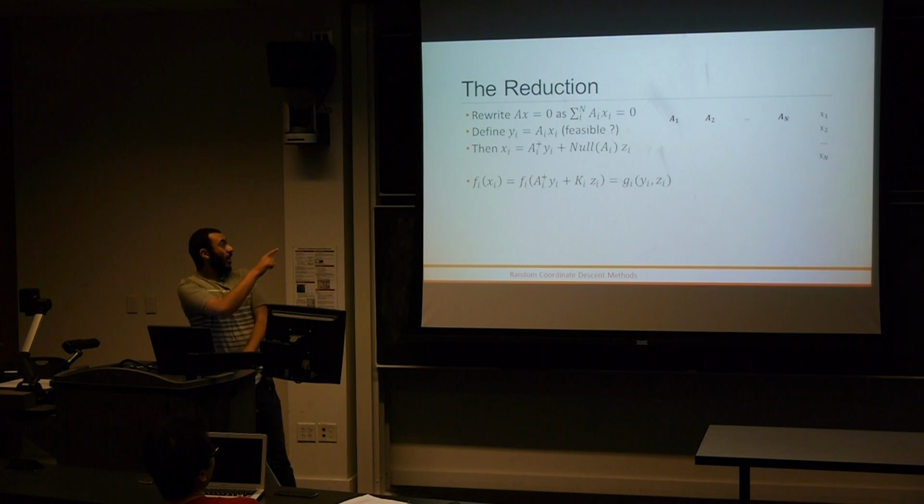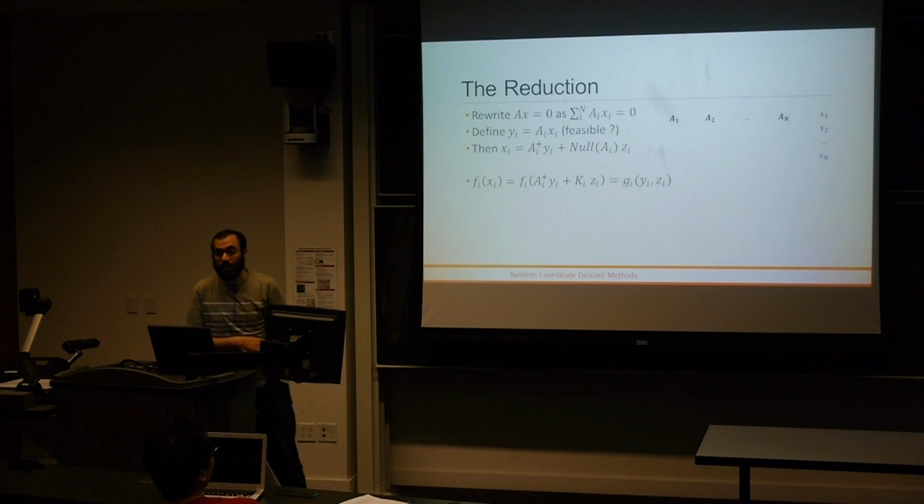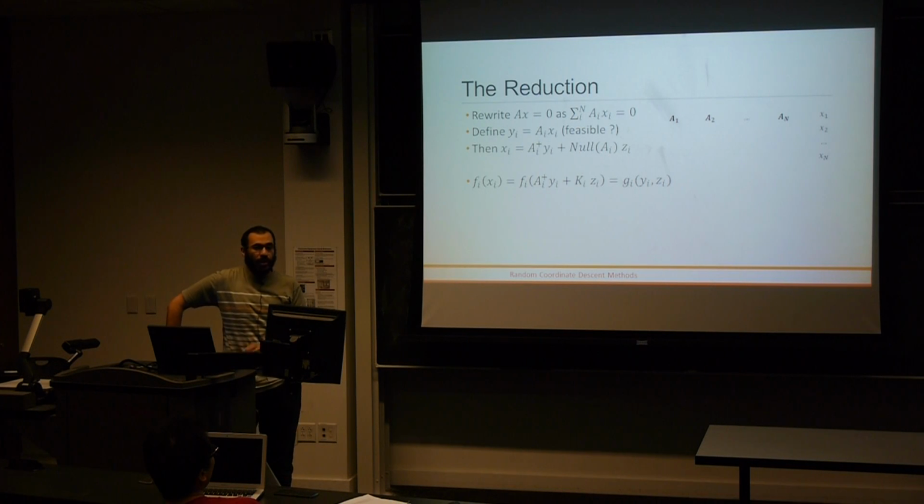We will define yi to be equal to ai xi. And we require that we must be able to recover xi for a given yi. That happens if ai has a small number of rows, or it is sparse such that the number of non-zero rows is smaller than or equal to the dimensionality of xi.